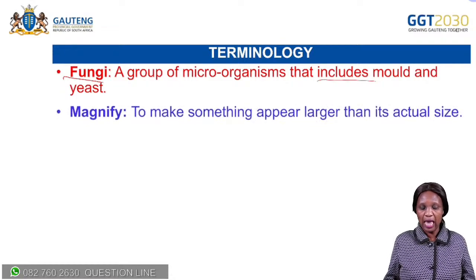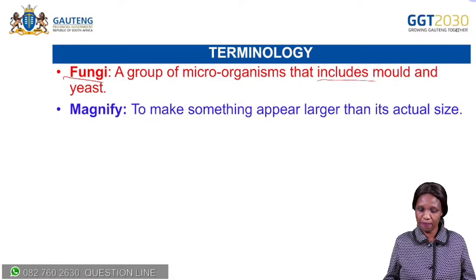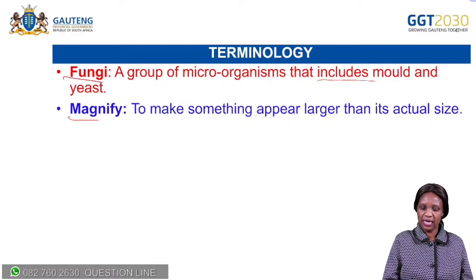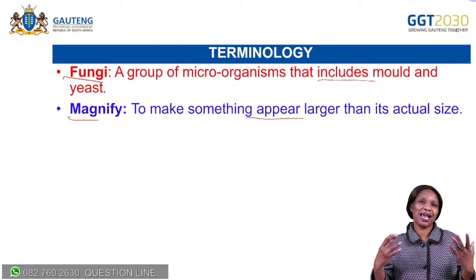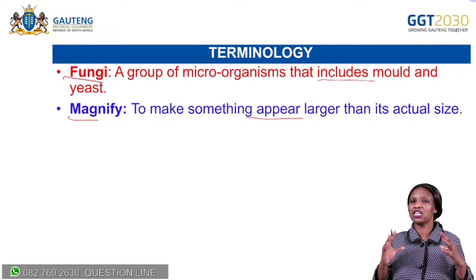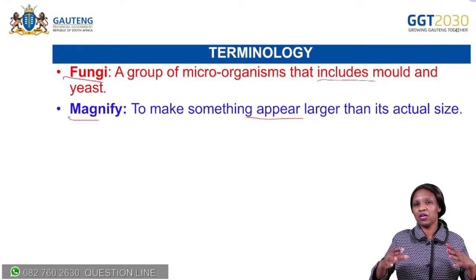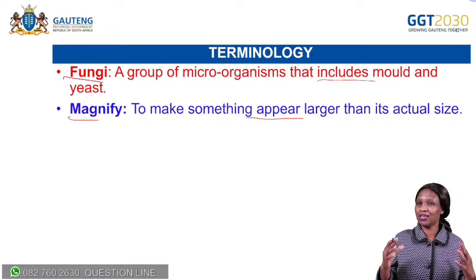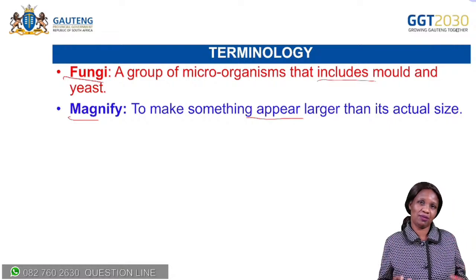Okay. And then we've got another term, magnify. What does the word magnify mean? It is to make something appear larger. All right? When we are magnifying something, it appears larger, it becomes huge, it becomes big, so that we'll be able to see that thing.